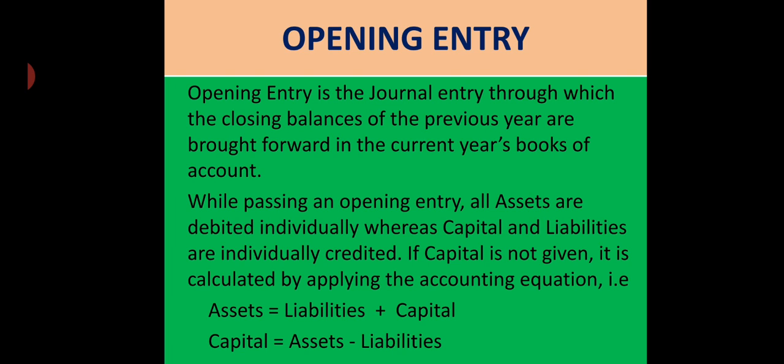While passing an opening entry, all assets will be debited and all capital and liabilities will be individually credited. If capital is not given, it is calculated by applying the accounting equation, that is asset is equal to liability plus capital. So with this formula, you have to find out the value of capital if it is not provided in the question.